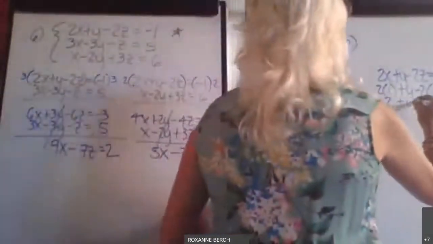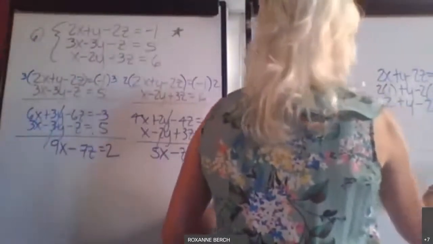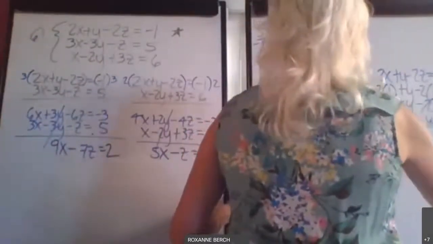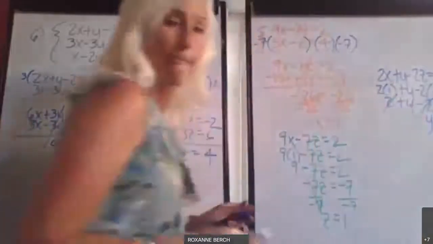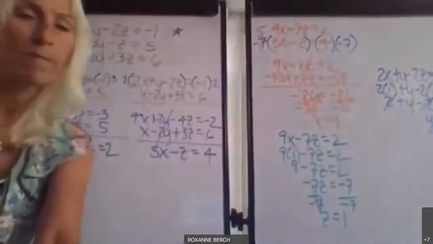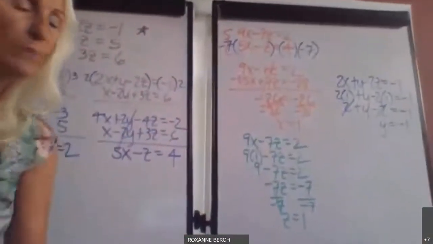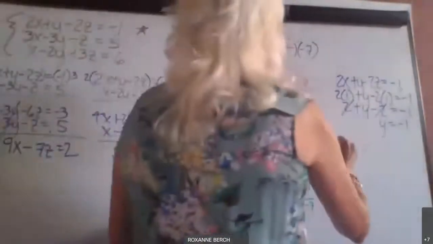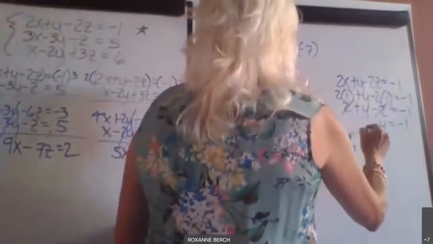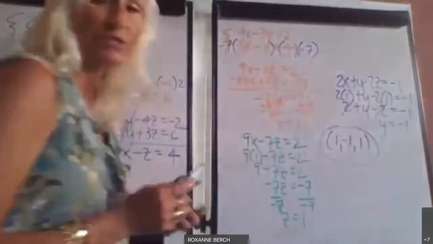You have 2 plus y minus 2 equals -1. y equals -1. So your ordered triple is 1, -1, and 1, and that is the correct answer.